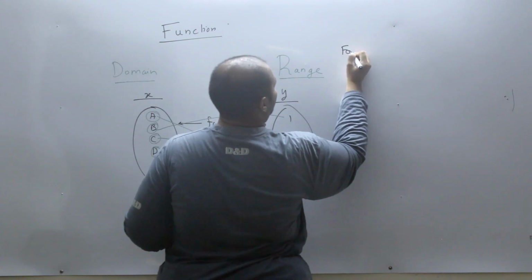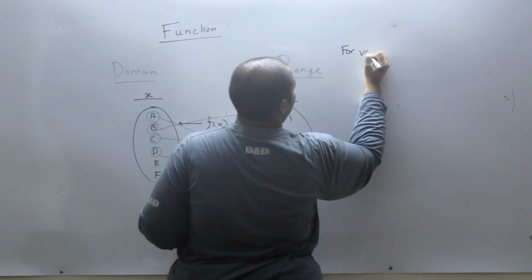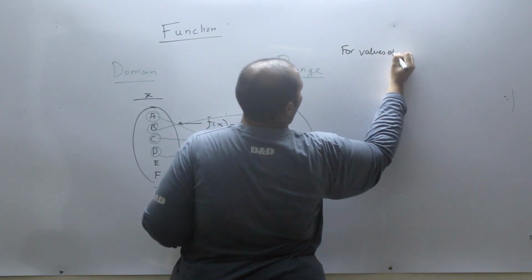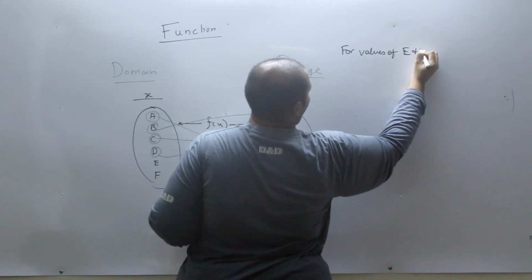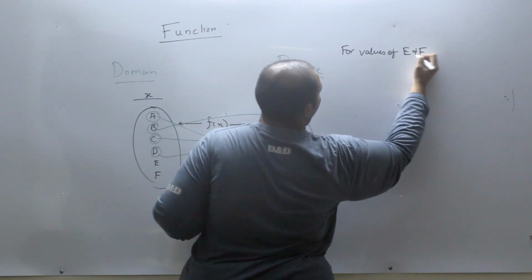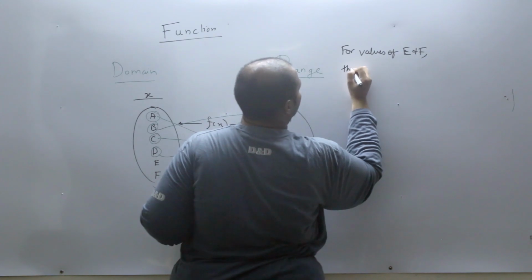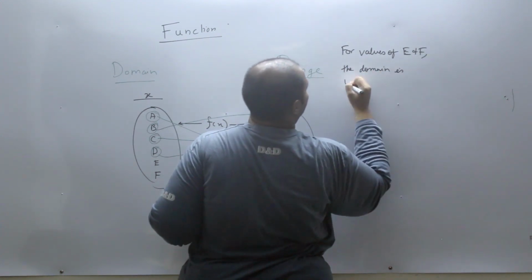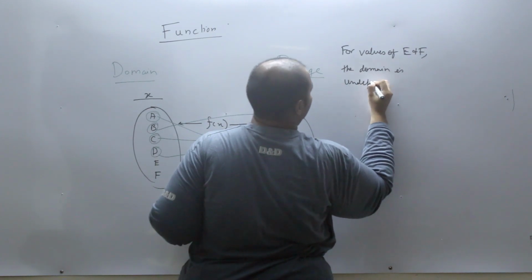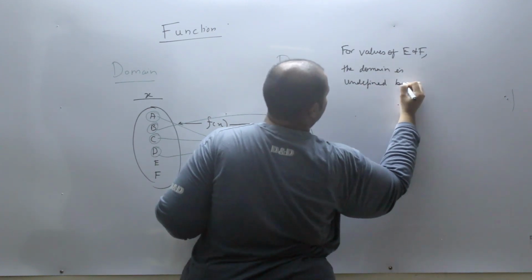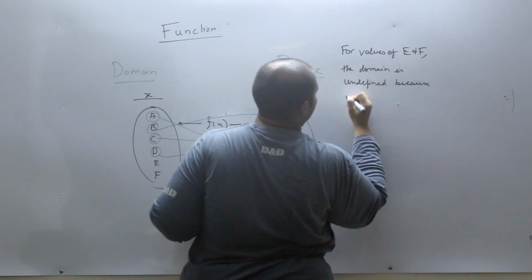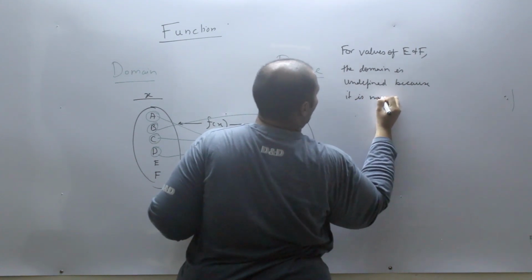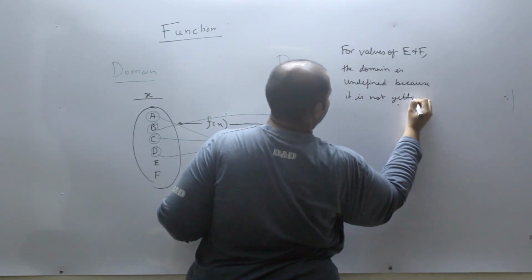For the values E and F, the domain is undefined because it is not getting mapped. So this is the main reason.